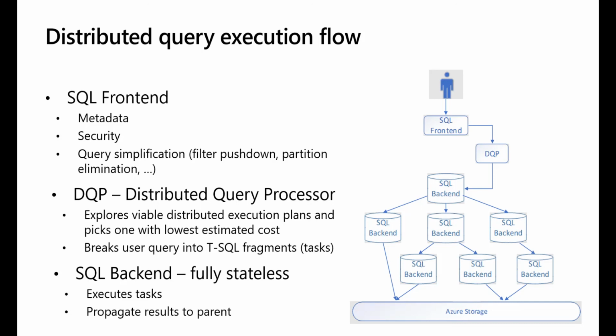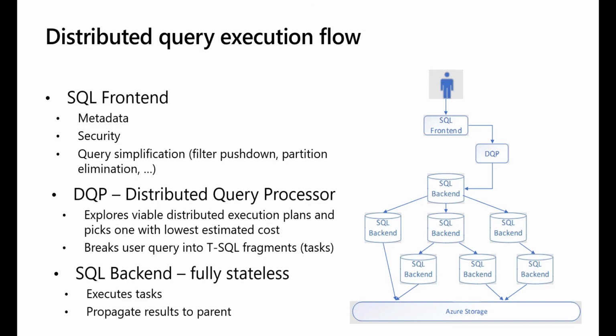The number of SQL backends depends on the complexity of plans. If you have a simple query, probably one SQL backend will be used to read data and return results. If you have complex queries that join multiple tables from multiple data sources, doing many group by operations, joins, and other processing, DQP will allocate more SQL backend nodes to process the queries.